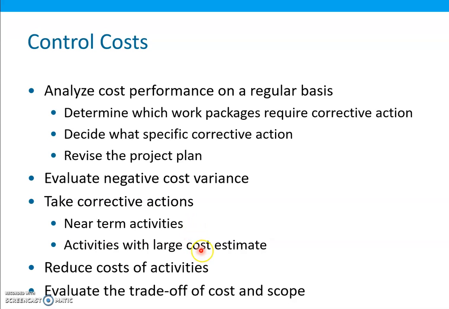Or the activities that have a large cost estimate. Effective measures that reduce the cost of a $20,000 activity by 10% will have a larger impact than totally eliminating a $300 activity.